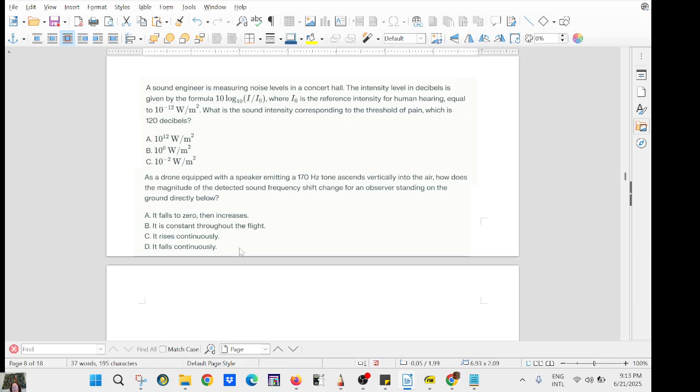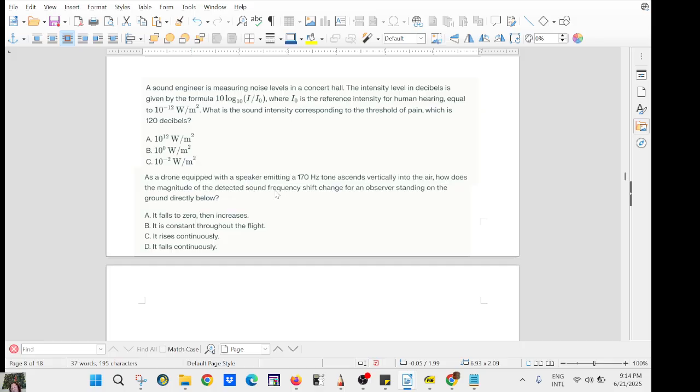So it's going to slow down, stop, and then it's coming towards you. So it means the shift in frequency is going to fall to 0, and then it's going to increase again, right? It goes to 0 because it stopped moving, and then it's going to increase again. So the answer is A.